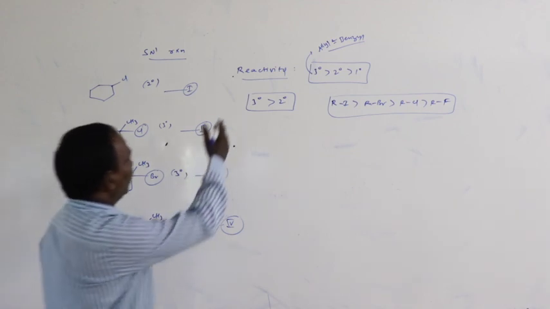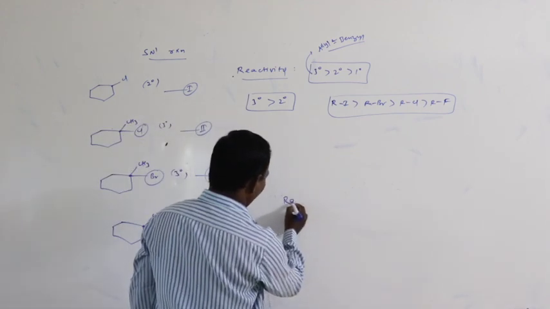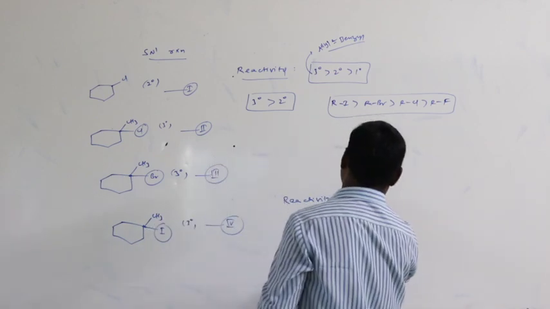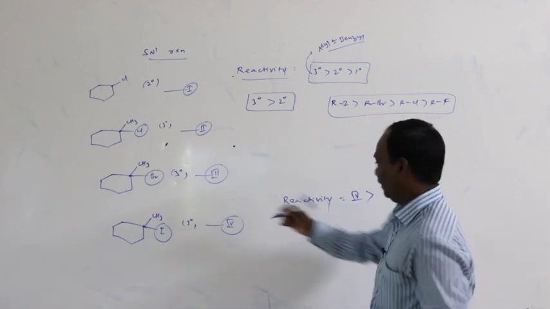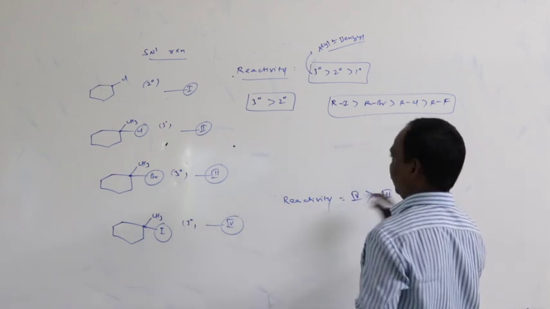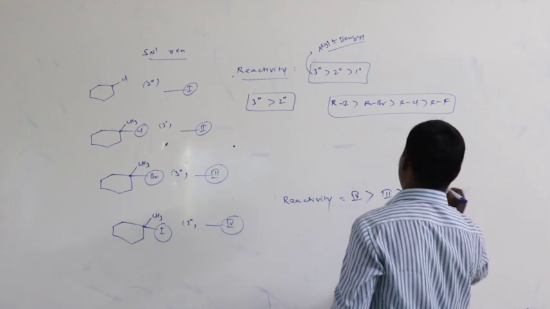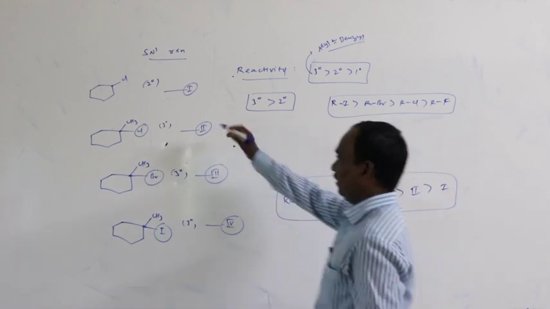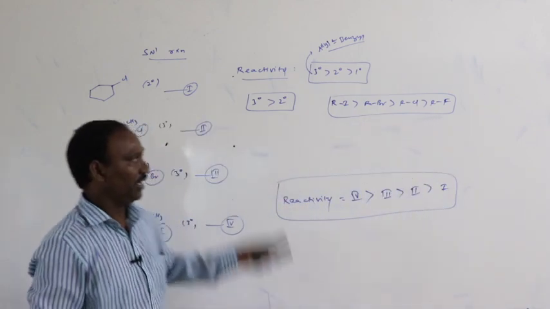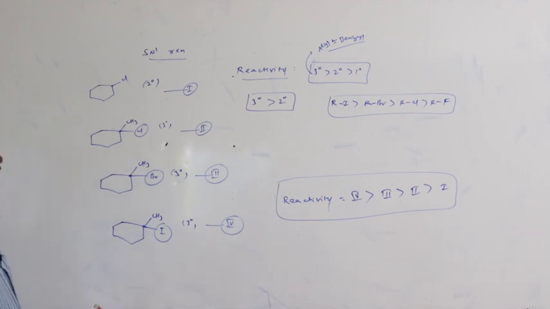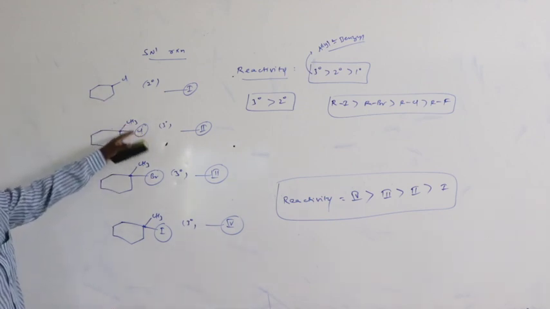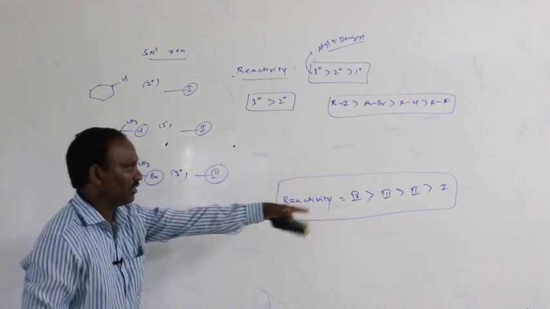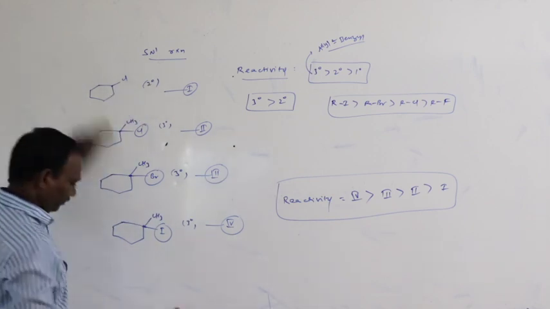So towards SN1 reaction mechanism, the reactivity order is: the fourth one is most reactive, followed by the third one, next the second one, and the least reactive is the first one. This is the reactivity order of alkyl halides towards SN1 reaction mechanism. Iodine is most reactive, fourth, third, second, then followed by secondary.